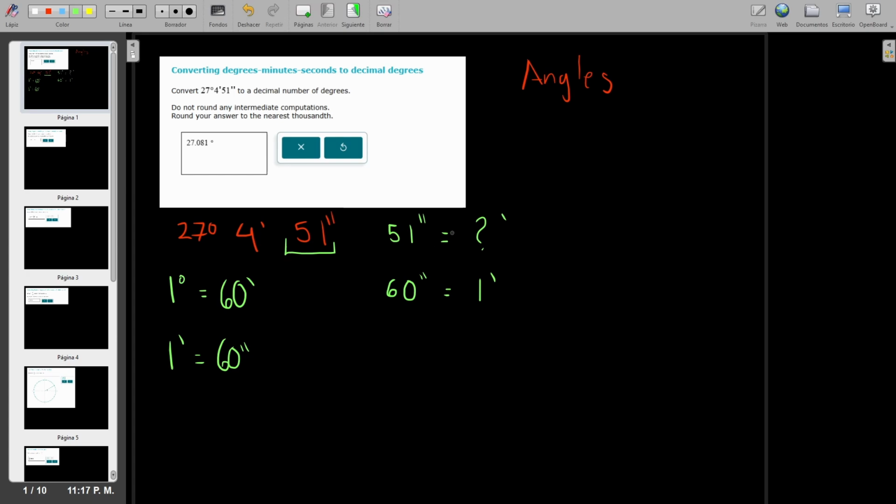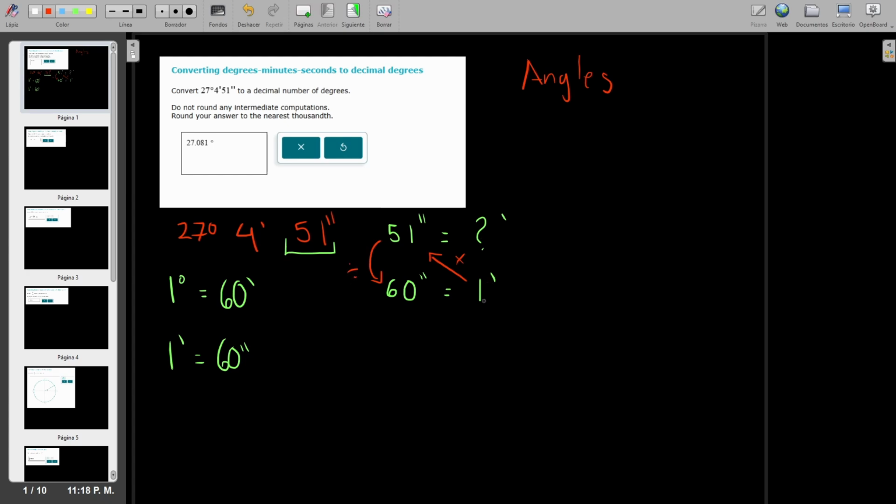So by rule of 3, remember, we multiply in a cross, we multiply this and we divide these parts.